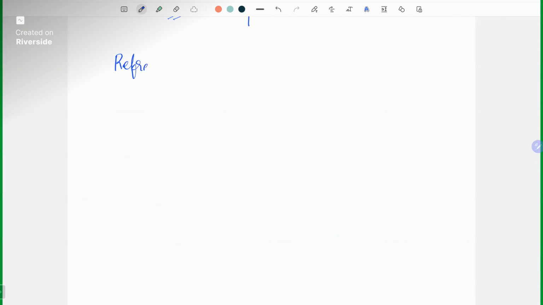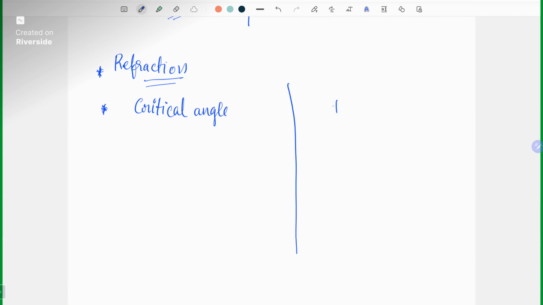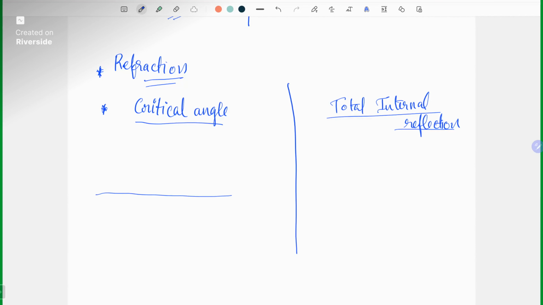So we were studying about refraction. We know what is refraction now. And we have another two concepts which are related to refraction, which are critical angle and total internal reflection. See, when we say refraction, we know what it is. We take air here and glass here.